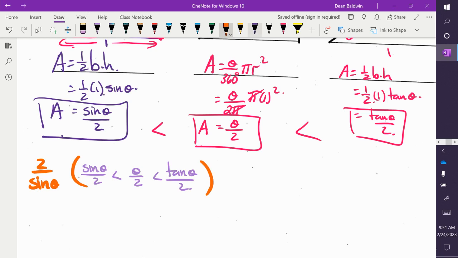All right, so we get 1 is less than, what happens to the second term? The middle one. The 2's go away, so we get theta over sine theta. And the last one, the 2's will cancel. We're going to clean it up in a sec here. We got tan theta over sine theta.